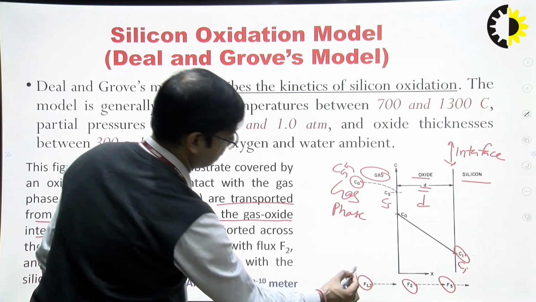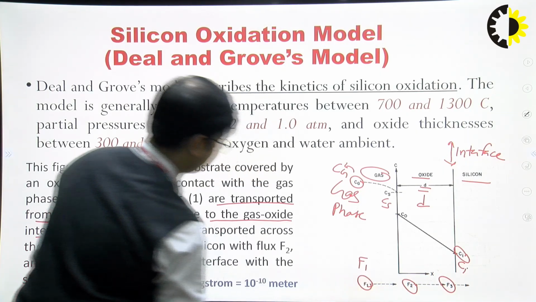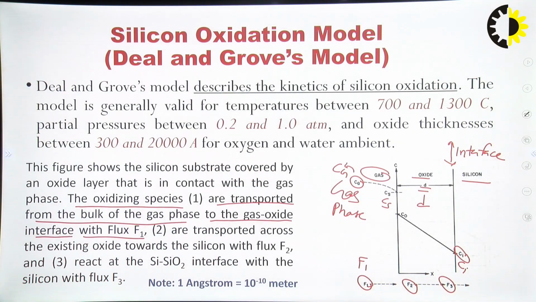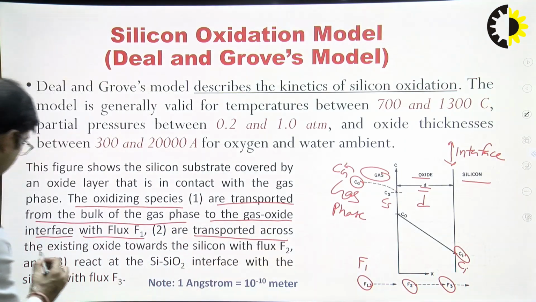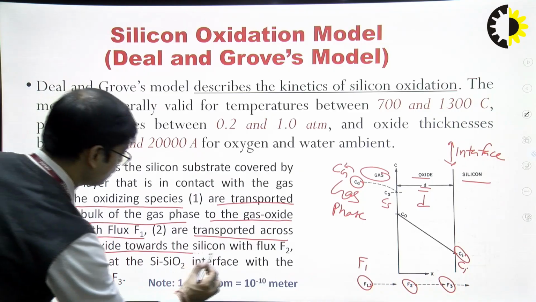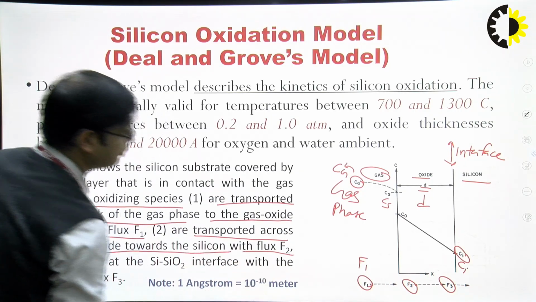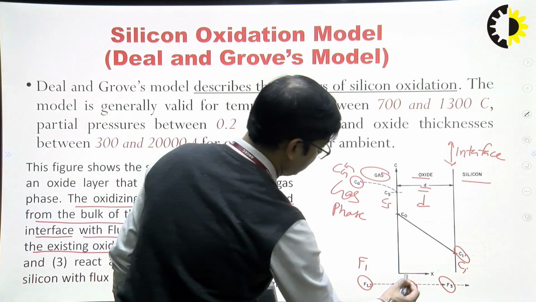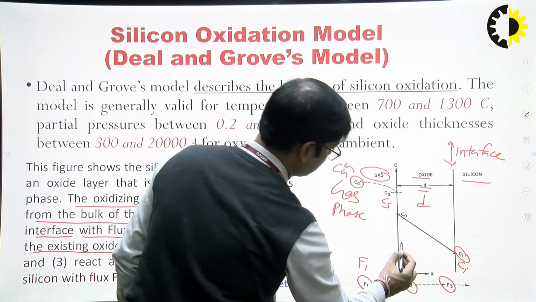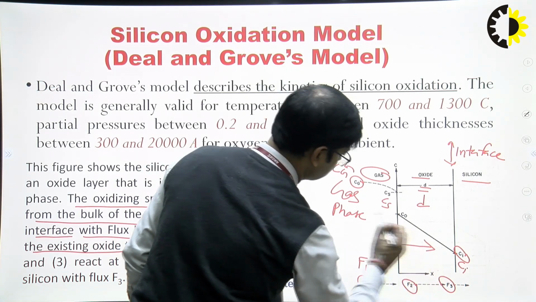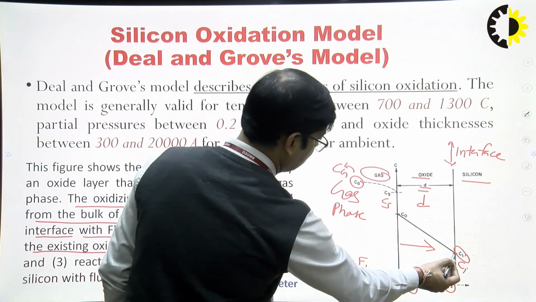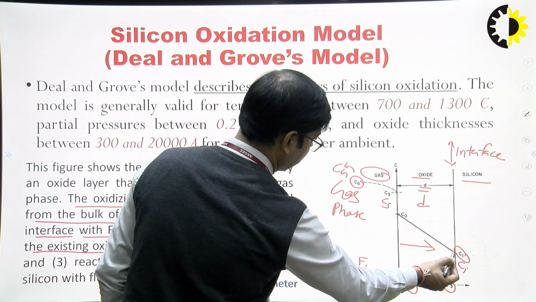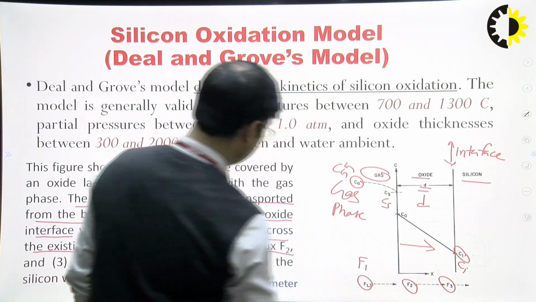Then inside the oxide layer they are transported across the existing oxide toward the silicon with flux F2.